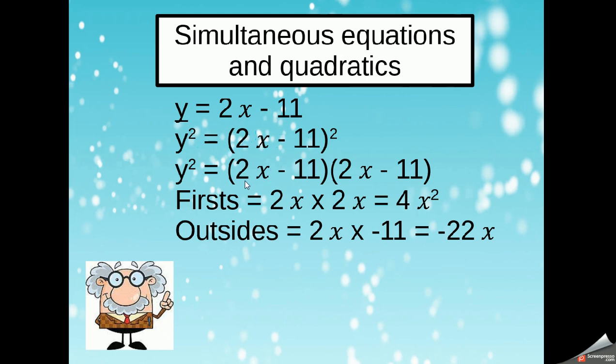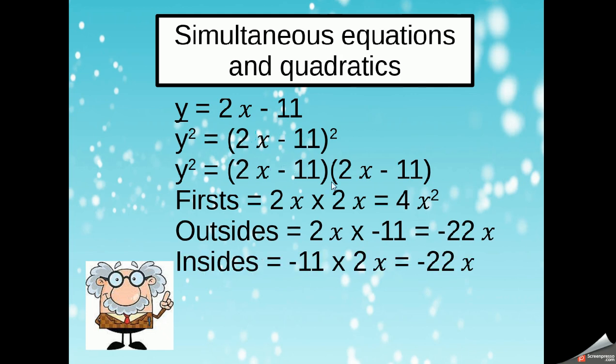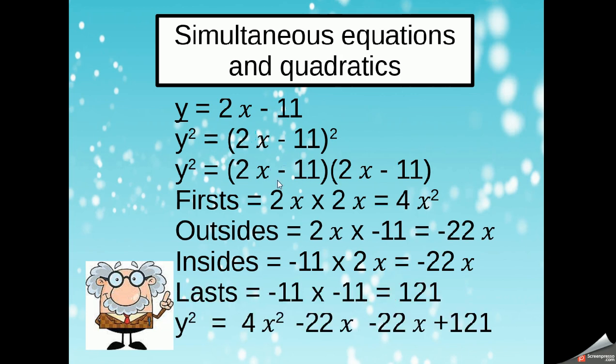The outsides, which will be 2x times minus 11, or minus 22x. The insides, which is minus 11 times 2x, or minus 22x. And the lasts, which will be minus 11 times minus 11, or 121. So in other words, y squared is equal to 4x squared minus 22x minus 22x plus 121.